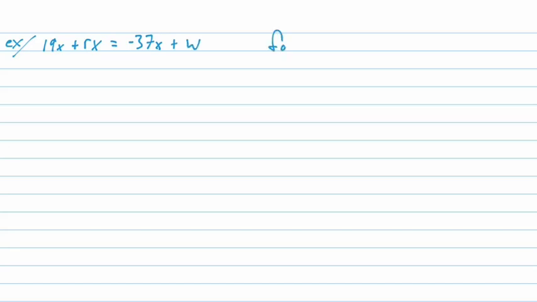Solve for x. Alright, so again, we want to get the smallest coefficient, move it over, and gather my like terms across the equal sign. So that will cancel. Gather this up. 19 plus 37, was that 56?